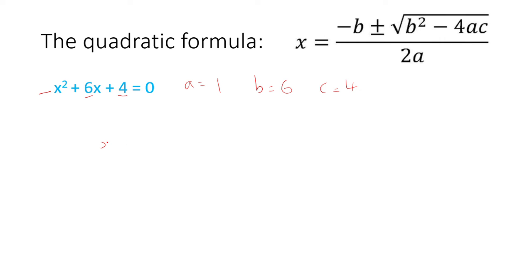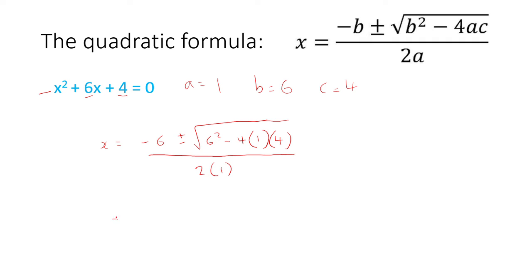Okay, so now we can plug these values into the quadratic formula. So x will be equal to minus b, which is minus 6, plus or minus the square root of b squared, so 6 squared, minus 4 lots of a being 1, c being 4, and this is all over 2 lots of a, so 2 lots of 1.